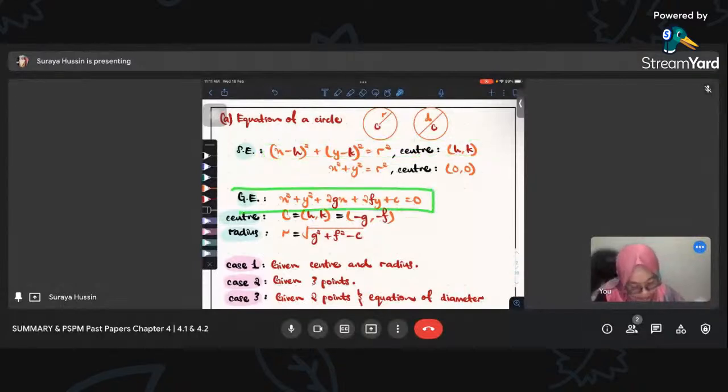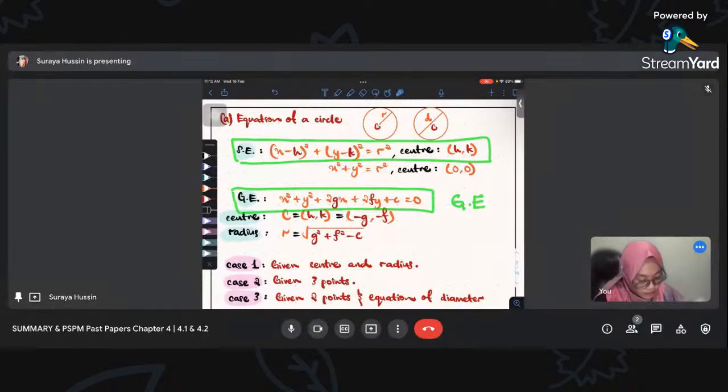You must hafal the standard equation of a circle dan juga the general equation of the circle. You wajib hafal. Tulis itu. Wajib hafal. Okay, saya kata wajib hafal means tolonglah ikut sebab ia akan memudahkan kamu menjawab UPS, PSPM dengan laju.